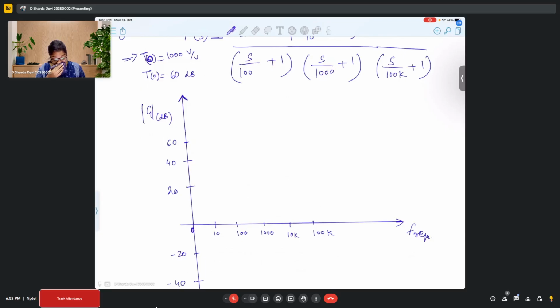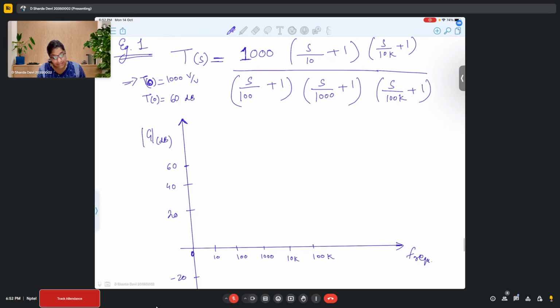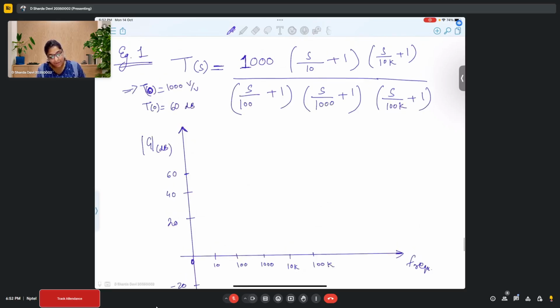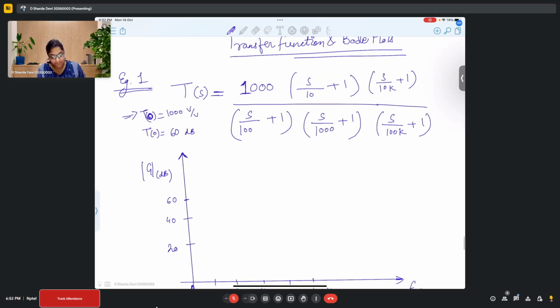But this is a linear axis, so things increase per dB, one by one. This is not a log axis, right? Okay, so your plot will start from 60 dBs.